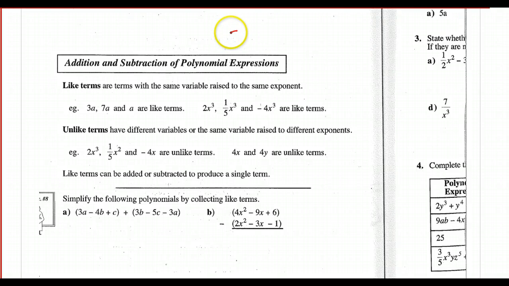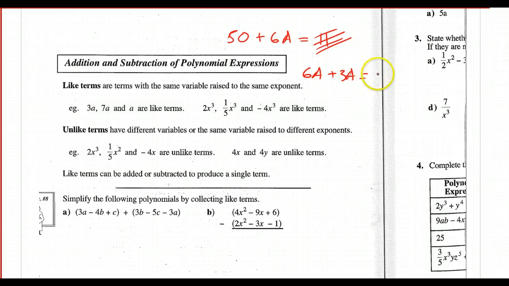So if I go 5 oranges plus 6 apples, okay, I can't get 11 of what, so I can't do that. But I could go 6 apples plus 3 apples. Well, that's no problem. That gives me 9 apples. Okay, so you have to check that your terms are like terms.